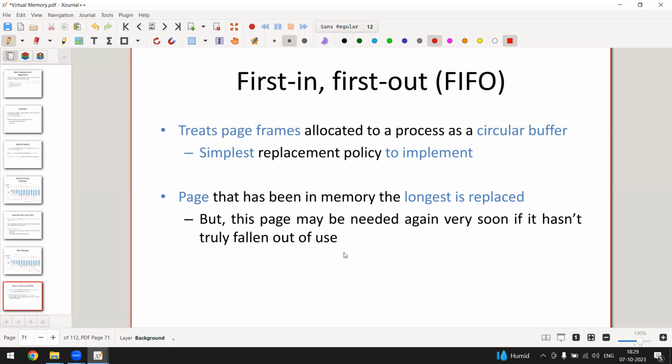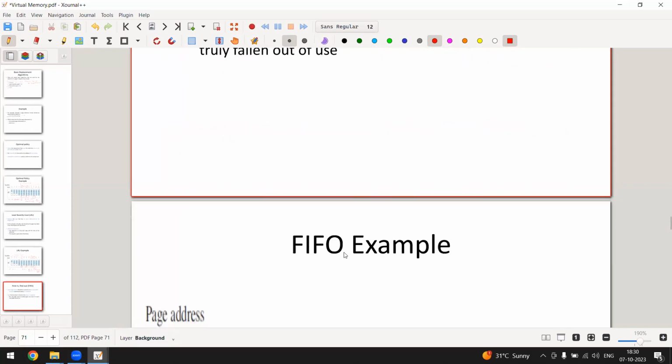Its replacement logic is that whichever page has been in memory the longest has to be replaced. You remember the FCFS policy for processes? It is similar to this: whichever page came first will be swapped out first, and whichever page came last will be swapped out last. So a simple and fair policy is FIFO.